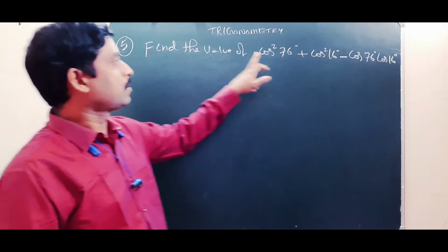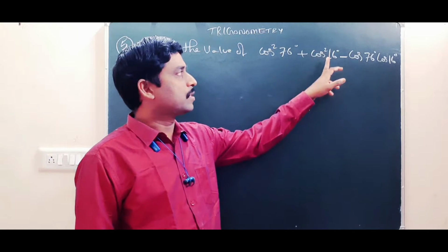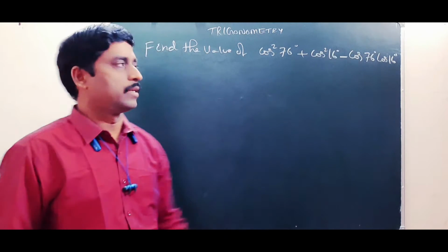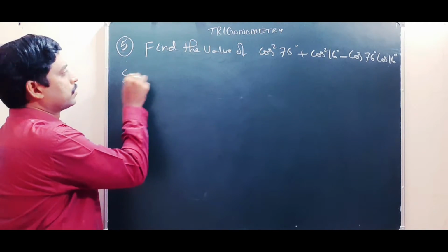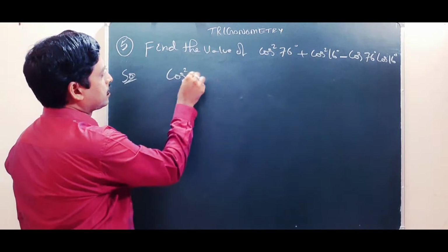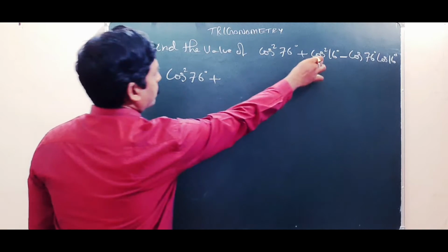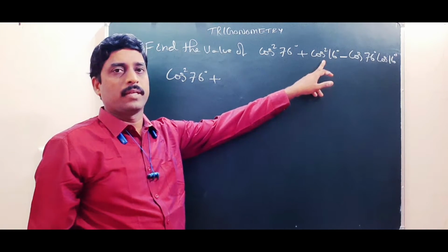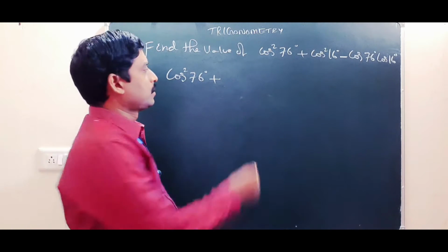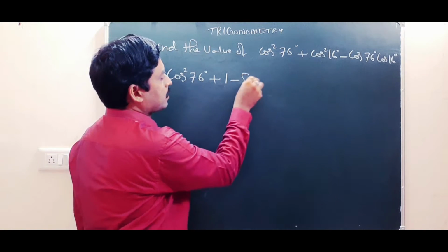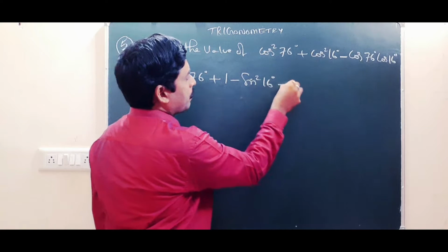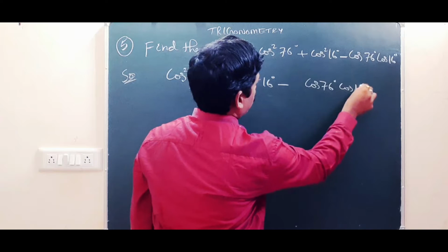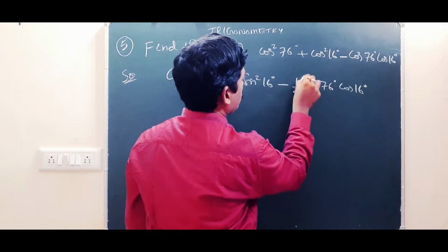Find the value of cos square 76 degrees plus cos square 16 degrees minus cos 76 degrees into cos 16 degrees. So cos square 76 degrees plus cos square 16 degrees. We have the formula cos square theta equals 1 minus sin square theta. So it will be 1 minus sin square 16 degrees minus cos 76 degrees into cos 16 degrees, divided and multiplied by 2.